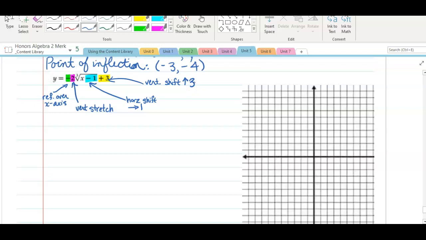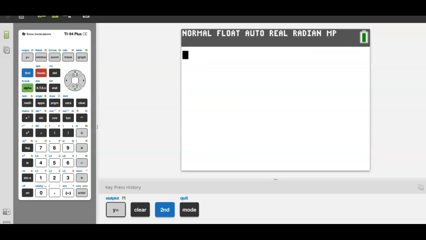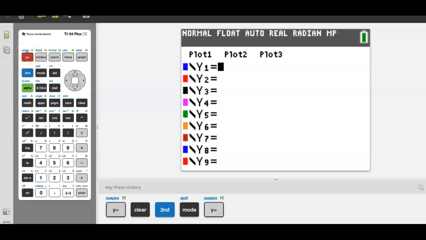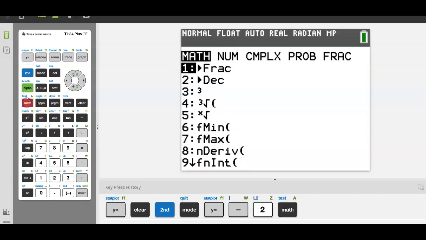All right, and as promised, let's put this one in our graphing calculator. -2 times the cube root of x minus 1 plus 3. I'm going to press y equals. -2 cube root is found under math, option 4.